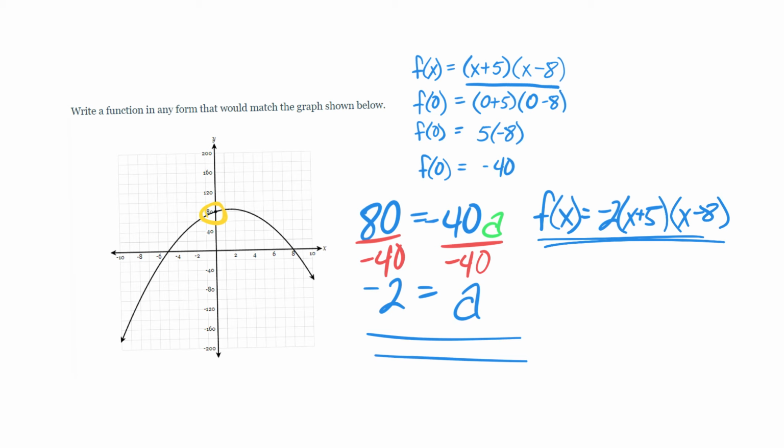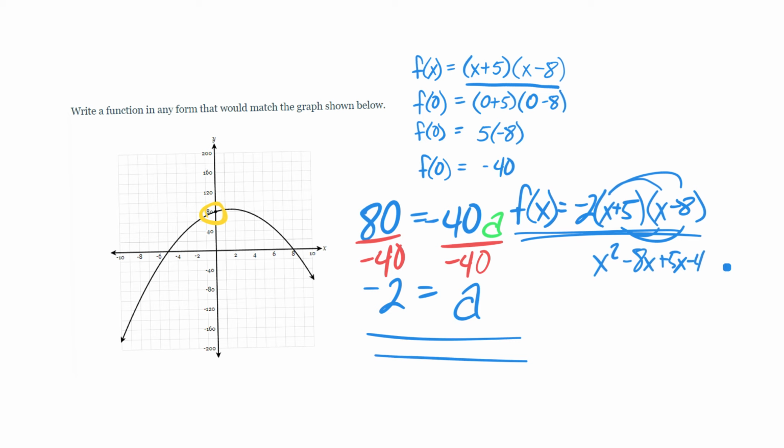The other thing we can see is if we were to distribute these values together. This would be the FOIL method. x squared minus 8x plus 5x minus 40. And we need to remember that these values are in parentheses because there's a -2 in front.